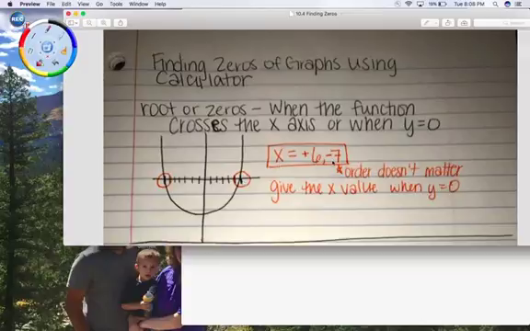The question's always asked, what are the zeros? So the zeros are at 6 and -7. So y equals 0 at 6 and at -7, because there's that point right there at (6, 0). So those are your zeros, and this one would be (-7, 0).